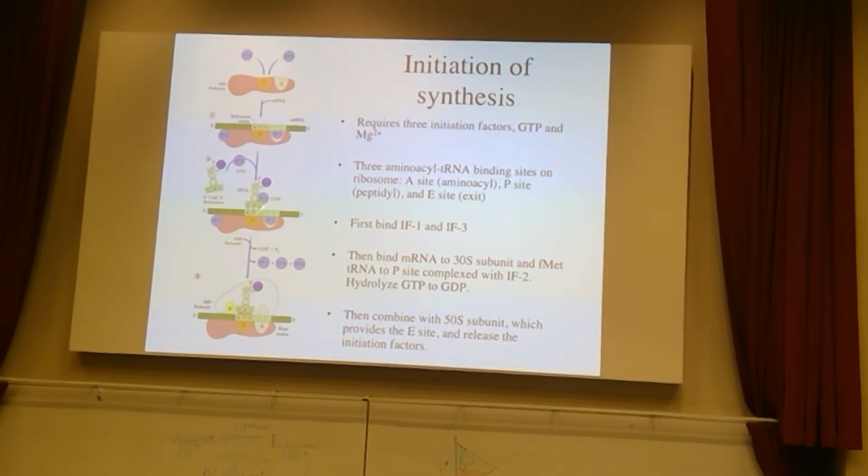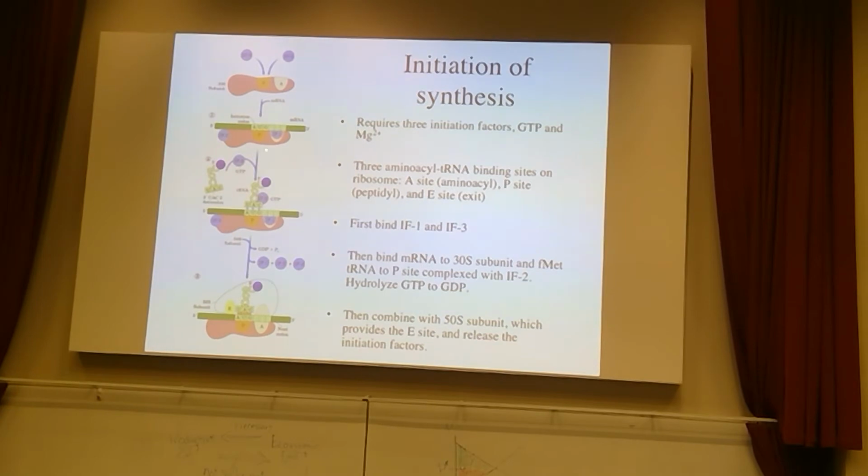Right? No surprise, that initiation codon is the start codon AUG, and we'll talk a little bit in just a minute about how it knows which of the AUG codons is a proper start codon as opposed to any other AUG codon. Okay, so we've got our mRNA in place.